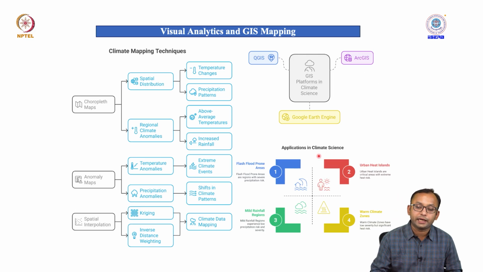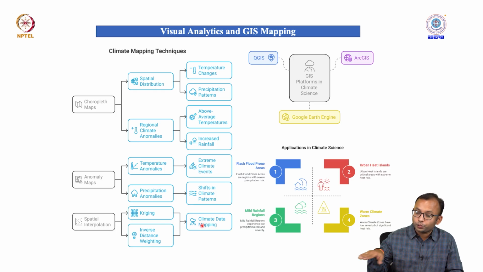Then another step is visual analytics and GIS mapping, because once we have done everything, it is very important to know how we can do the spatial distribution, regional analysis, temperature anomalies, precipitation anomalies, or, if you need, spatial interpolation so that we can have a better smooth data set.